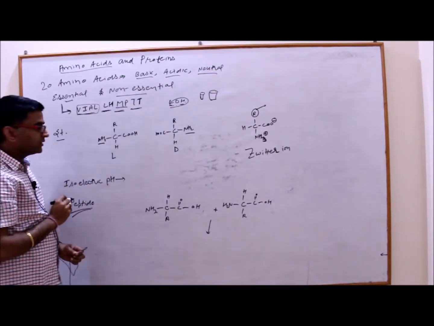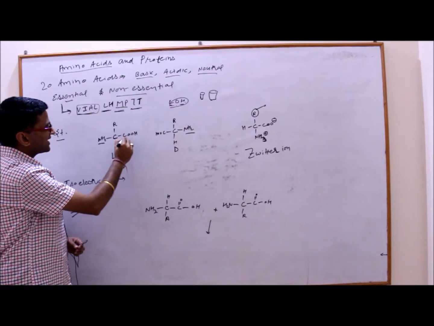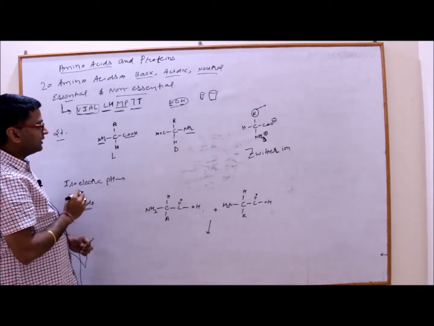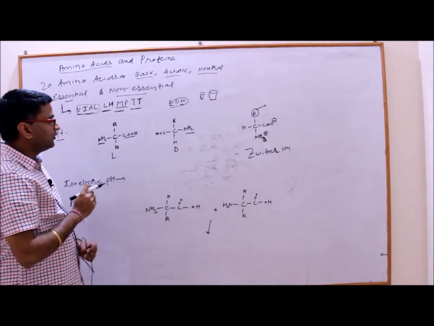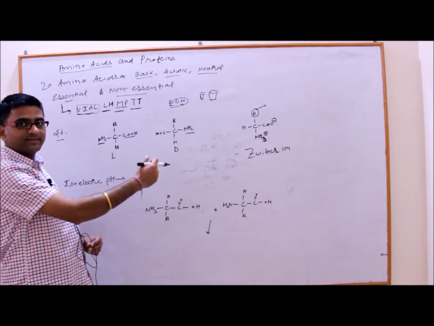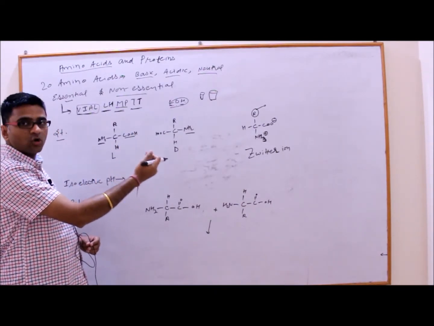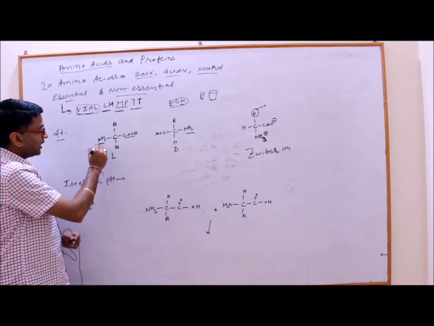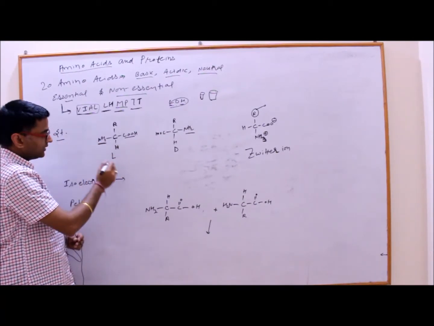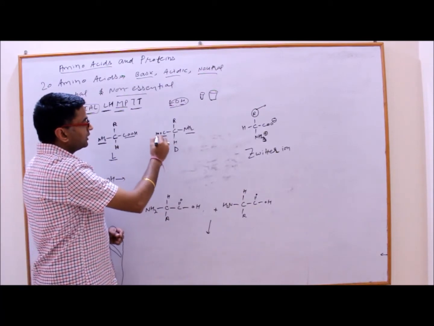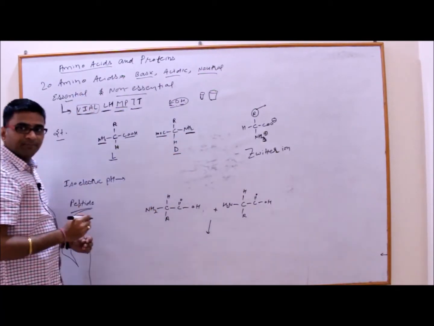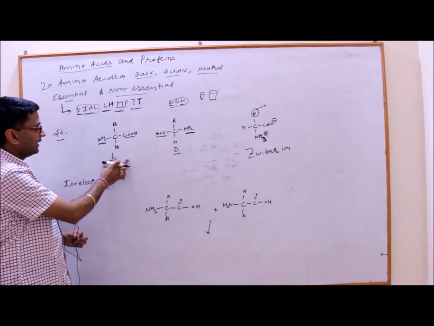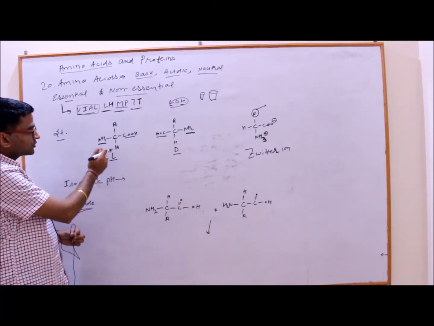And the general structure of amino acid is that we have C, one acidic group and one amino group, and then R and H. Now again, as we did in case of carbohydrates, if OH group is present on right hand side, it is designated as D. If it is present on left hand side, it is called L. Similarly, in case of amino acid, if NH2 group is present on left hand side, it is called L, and if it is present on right hand side, it is called D. Contrary to the carbohydrates, in amino acid the configuration is always L, that is NH2 group is present always on the left hand side.